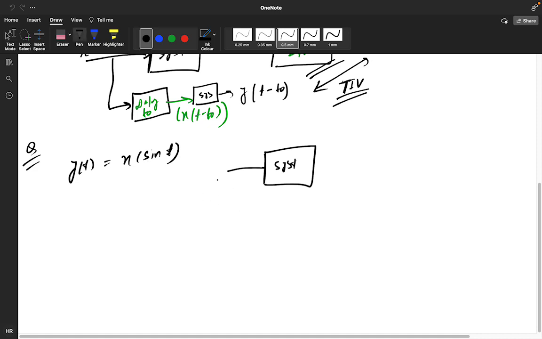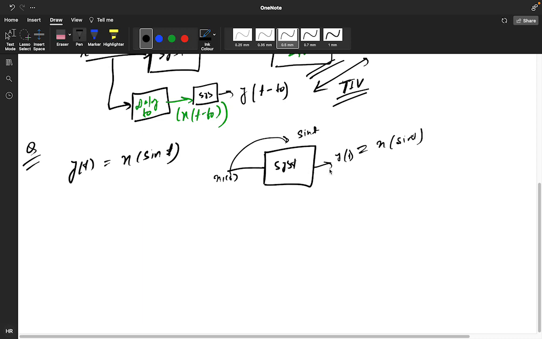So whatever input you put, x1 of t, what the system is doing is replacing t with sine t in the output. So y of t we are getting as x of sine t.